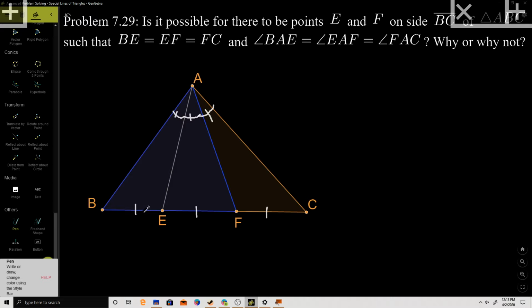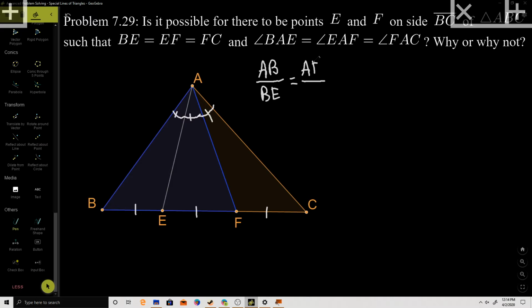So if I think of AE as the angle bisector, the angle bisector theorem states that AB over BE is equal to AF over EF. Okay.